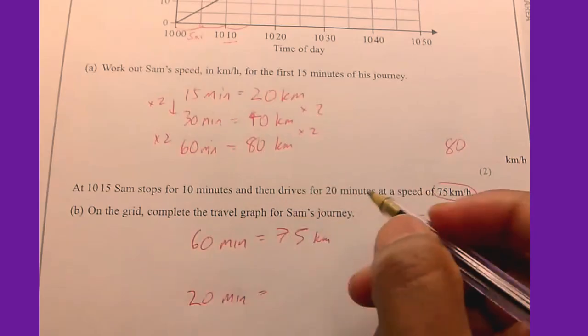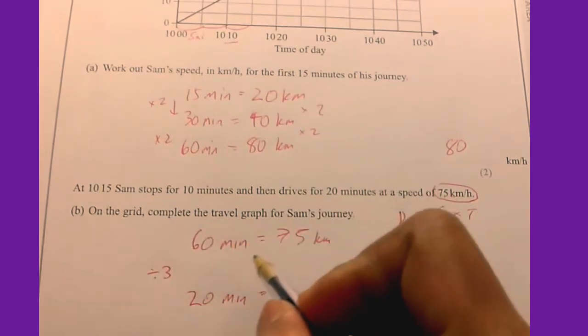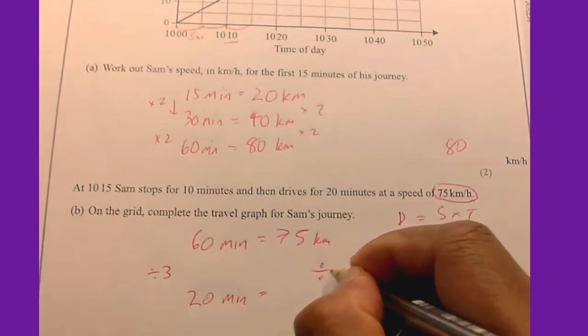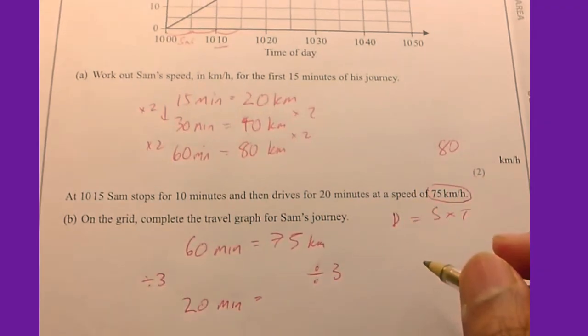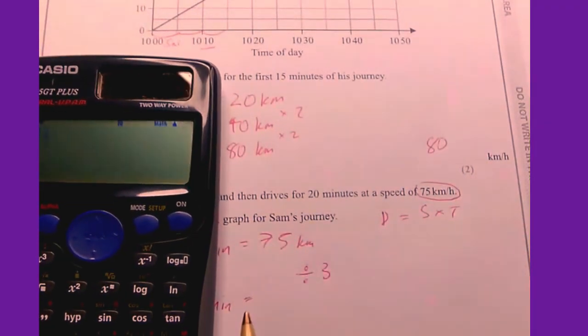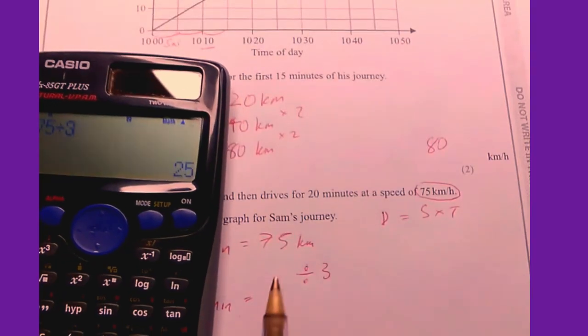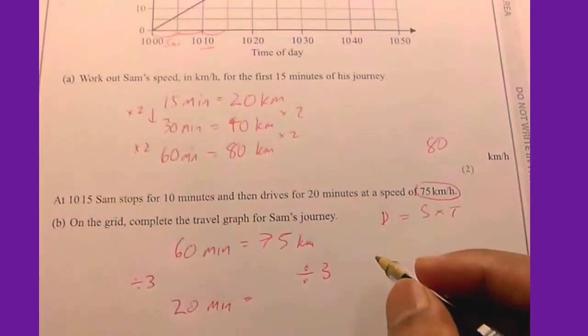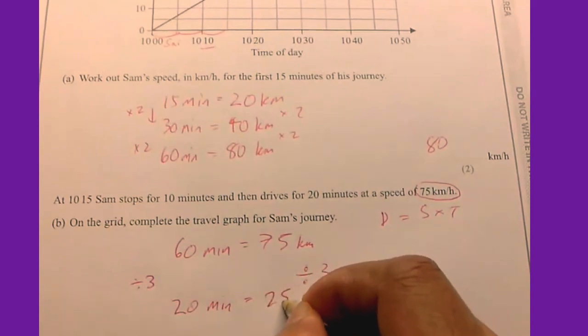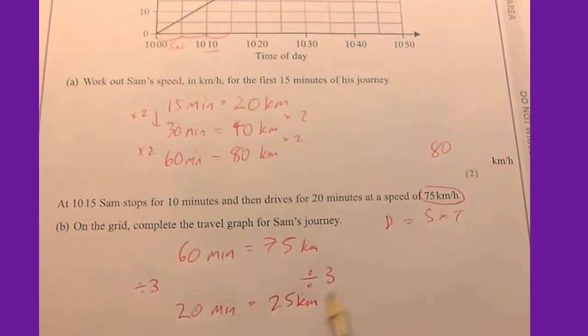I can just divide by 3. 20, 40, 60. So I'm dividing by 3. I can divide this by 3 as well. Get your calculator out if you're worried about that. 75 divided by 3 gives us 25. So this is 25 kilometers. So in 20 minutes, I'm going 25 kilometers.